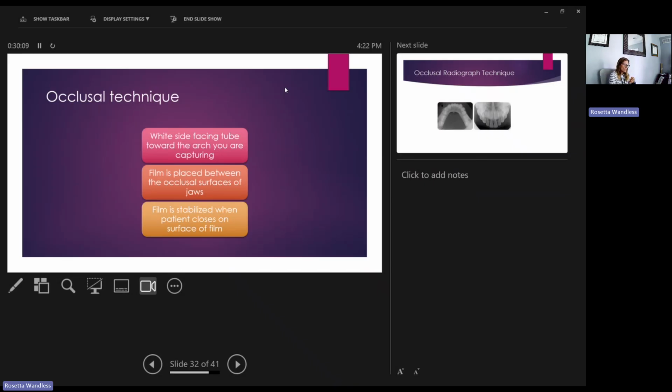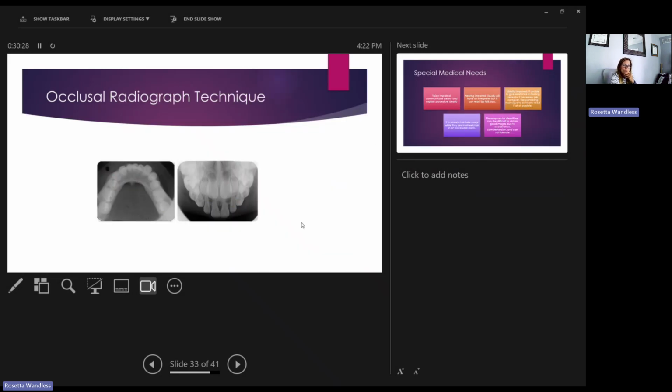So if you're trying to get the maxillary, you're going to face that flat, white side toward the maxillary jaw. The film is placed between the occlusal surfaces of the jaw, and when the patient closes down, it stabilizes the film in place. This is what an occlusal radiograph technique looks like. One's the maxillary, one's the mandibular.